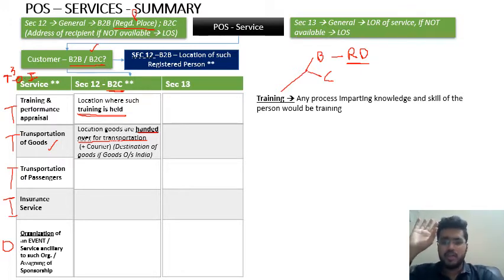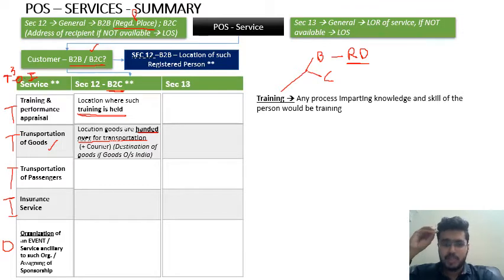If it is a corporate or B2B booking, the place of supply is going to be the place where the person is registered. In our case, it is Bombay. So Jet Airways Delhi will bill ABC Private Limited of Bombay, and the place of supply will be Bombay, irrespective of where the employees travel. Just have this in mind.